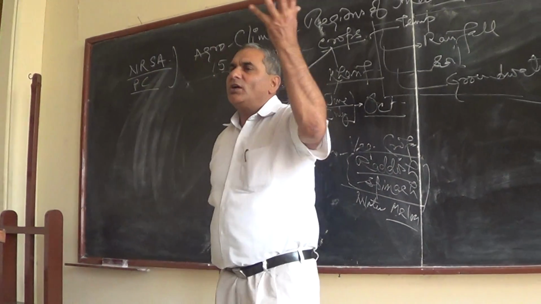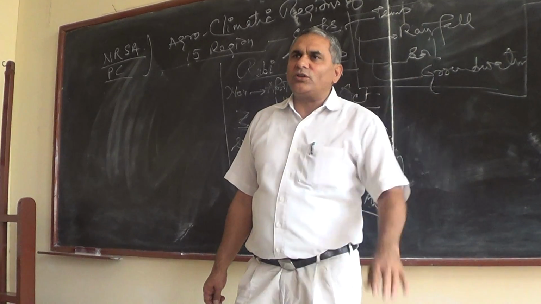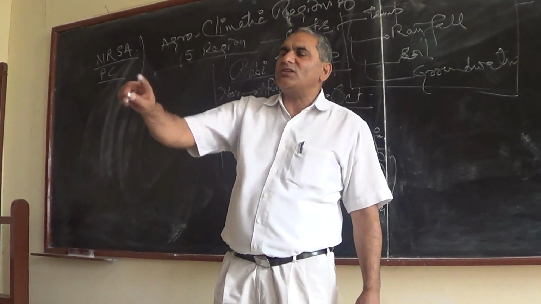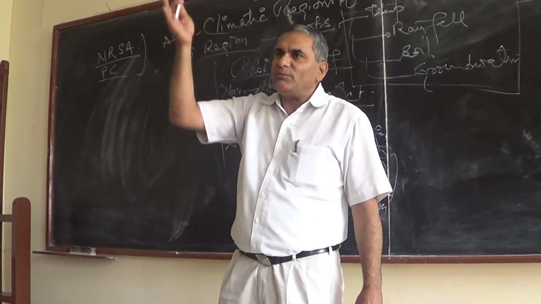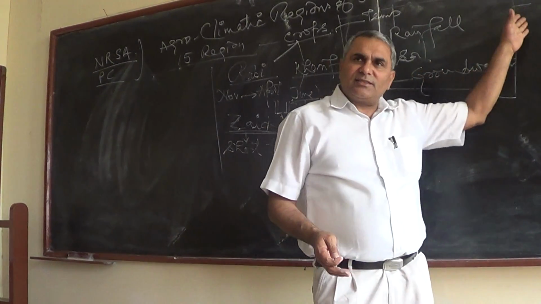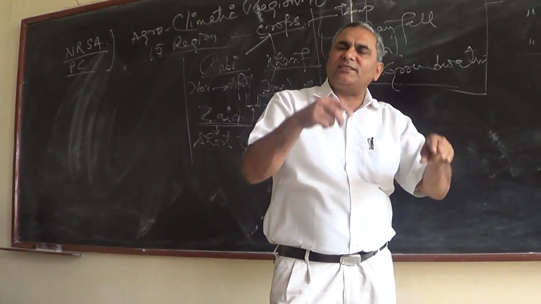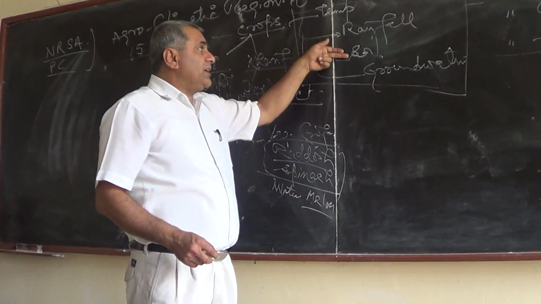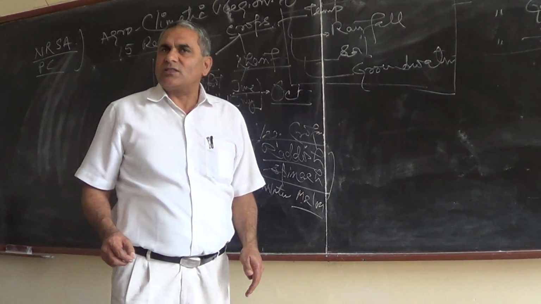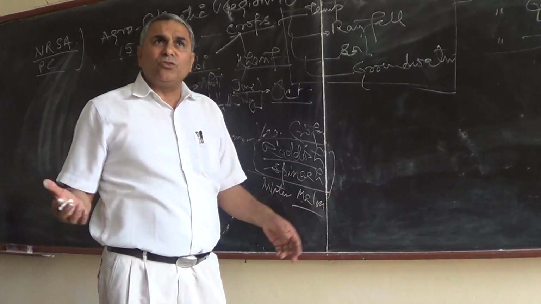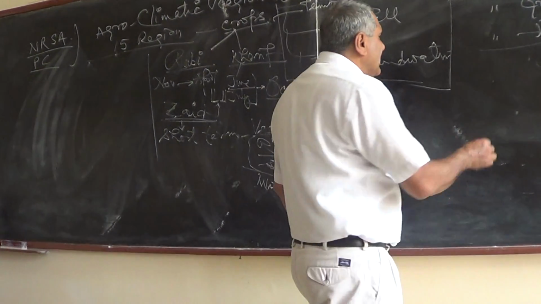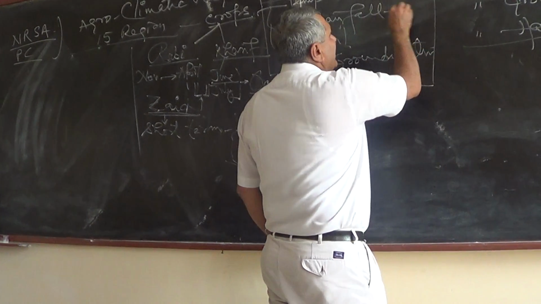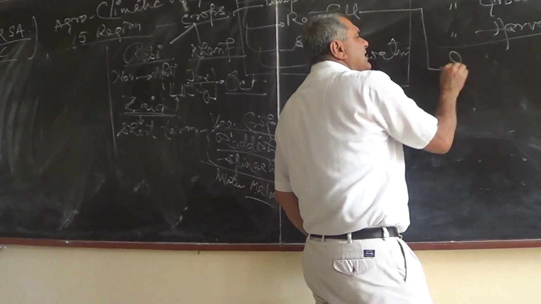For growth of the wheat, it requires low temperature. But for harvesting, wheat requires high temperature. So every crop requires different seasons, different temperature, different soil moisture, and the nature of soil also changes. So sometimes we say on the basis of irrigation. The amount of rainfall determines the nature of irrigation.